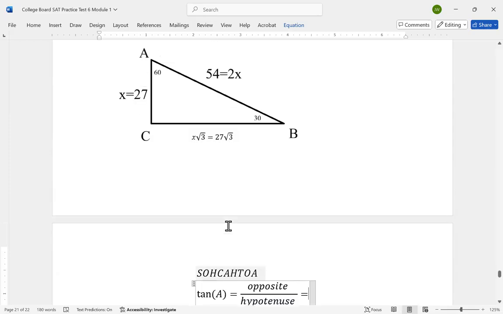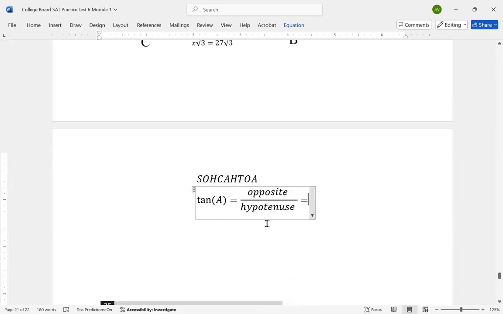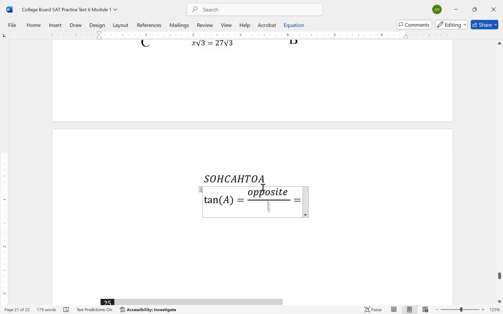So I look at my triangle A, the side opposite of A has length 27 times root 3. Now, I'm sorry, opposite over adjacent. I misspoke there. I don't know why I said that. I looked at sine, I think. Sorry, tangent is opposite over adjacent.